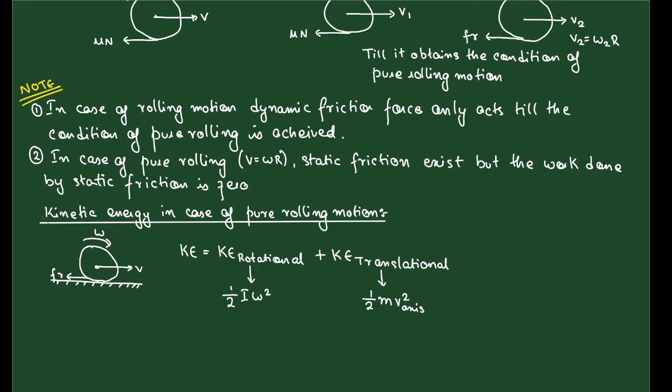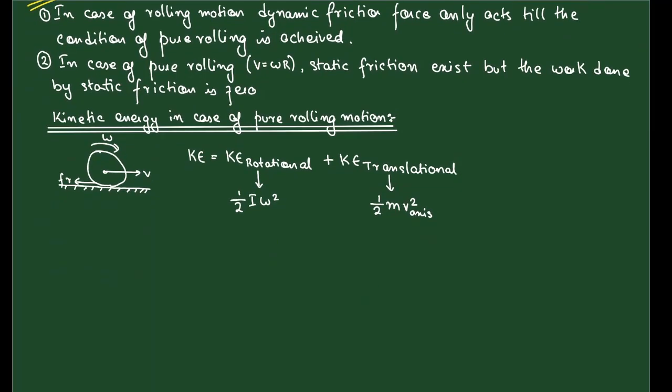Kinetic energy in case of rolling. Now in some places they take this as the axis of rotation. When this is taken as the axis of rotation, we call this kind of axis the instantaneous axis of rotation. Why is that?